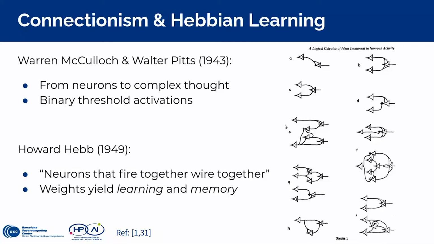So on top of that, Howard Hebb in '49 started what is still known today as the Hebbian approach to learning. It's essentially the idea that if two neurons that are connected fire at the same time, concurrently, in a coordinated manner, then it means that they should be strongly bound together.